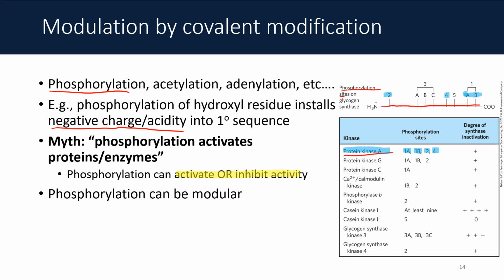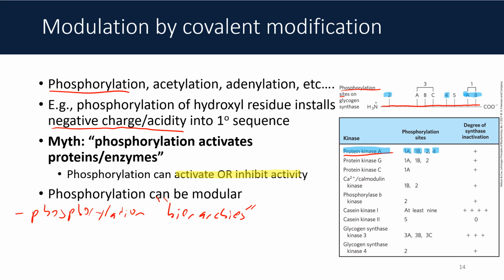This is potentially a good example of there being phosphorylation hierarchies. It's very unlikely that all 4 of those sites have the same propensity or accessibility to be phosphorylated.